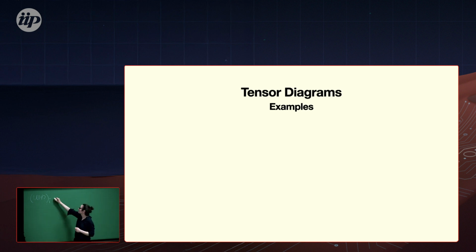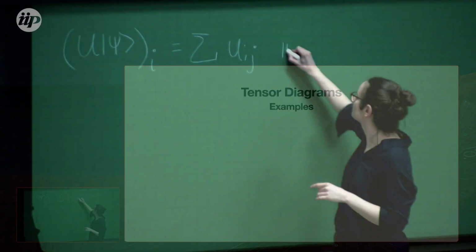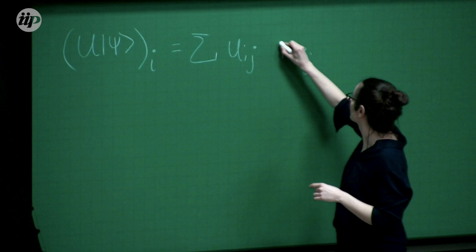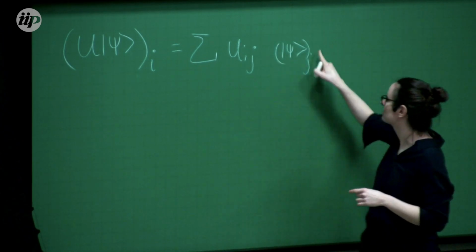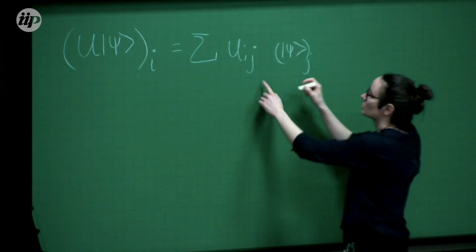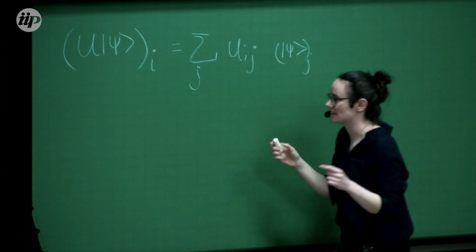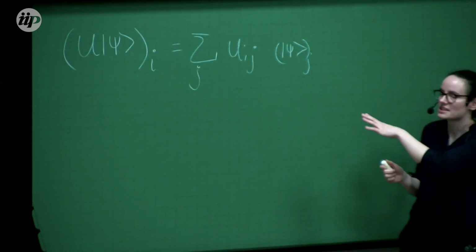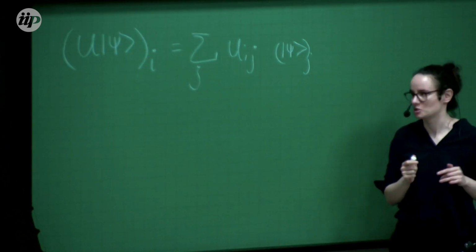And then probably, as you all know, this is the same as looking at the unitary which has 2 indices, and then also looking at my quantum state, and we have to sum over the jth index here. This is just matrix vector multiplication.